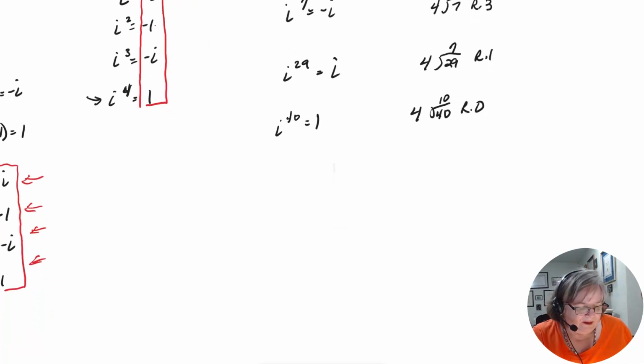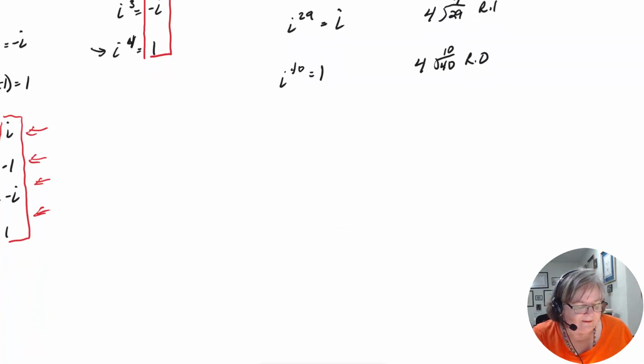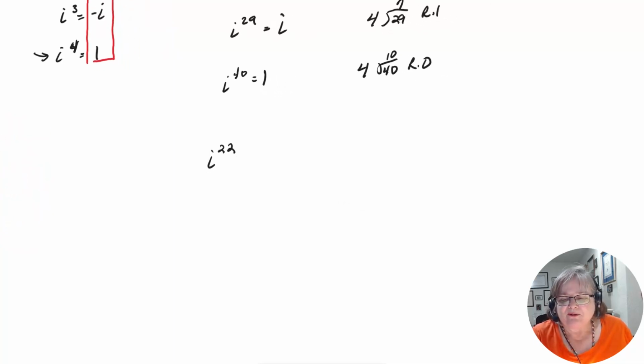So if you have something like i to the 22nd, here's what you have to remember. The pattern is i, 1, and the 2 in the middle are negative. And this is how I do it.